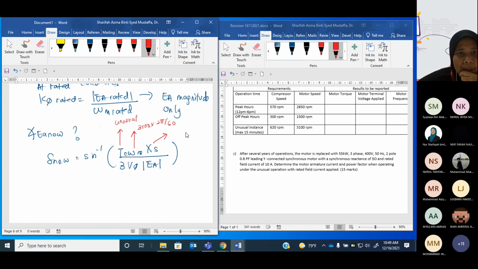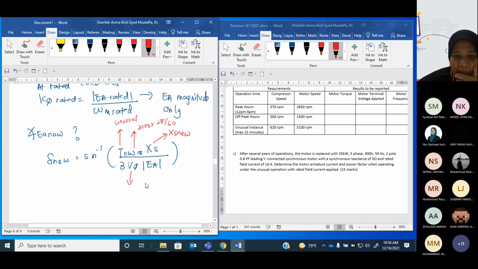So XS, where do you get XS? 5 ohm. No, this one XS new. Ingat tak tadi patutnya kita dah calculate apa tu? Yang frekuensi tadi, frekuensi ada kat sini kan? The new frequency will be here. So you use the formula to calculate for K and the new frequency.